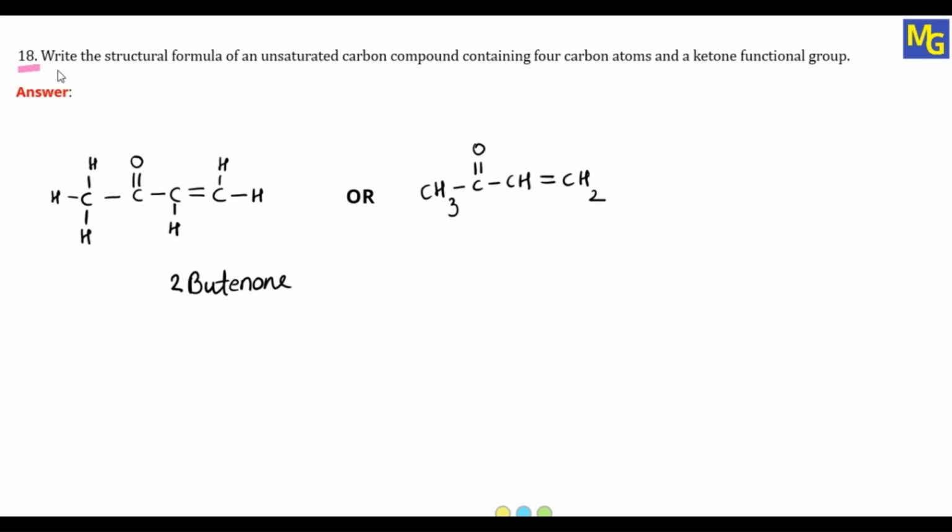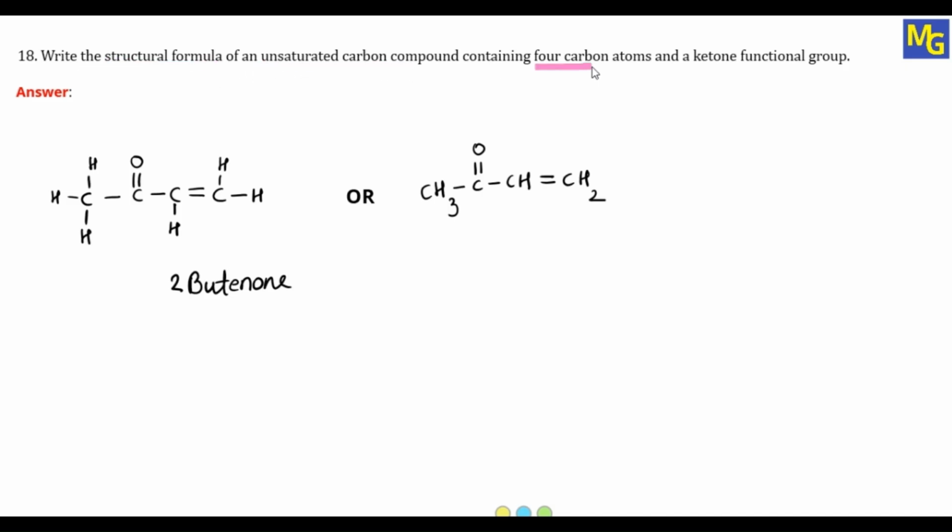Question number 18. Write the structural formula of an unsaturated carbon compound containing 4 carbon atoms and ketone functional group. So see the question. We have to draw a structural formula for an unsaturated carbon compound.